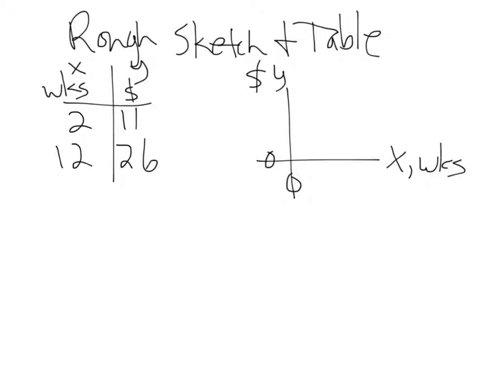So after 2 weeks I have $11, and after 12 weeks I have $26. Okay, and then I'll make a line. So I've got a point here, and I've got a point here, and there's a straight line through that.